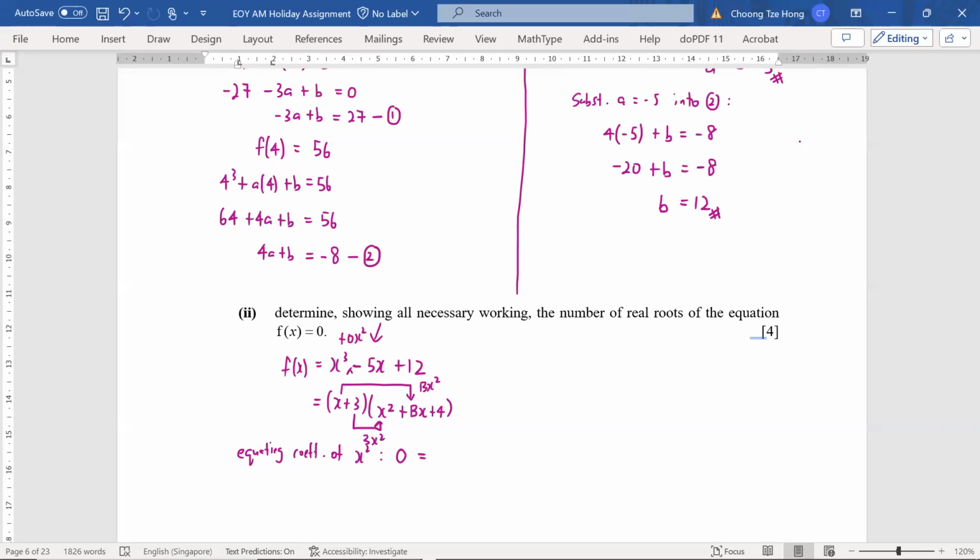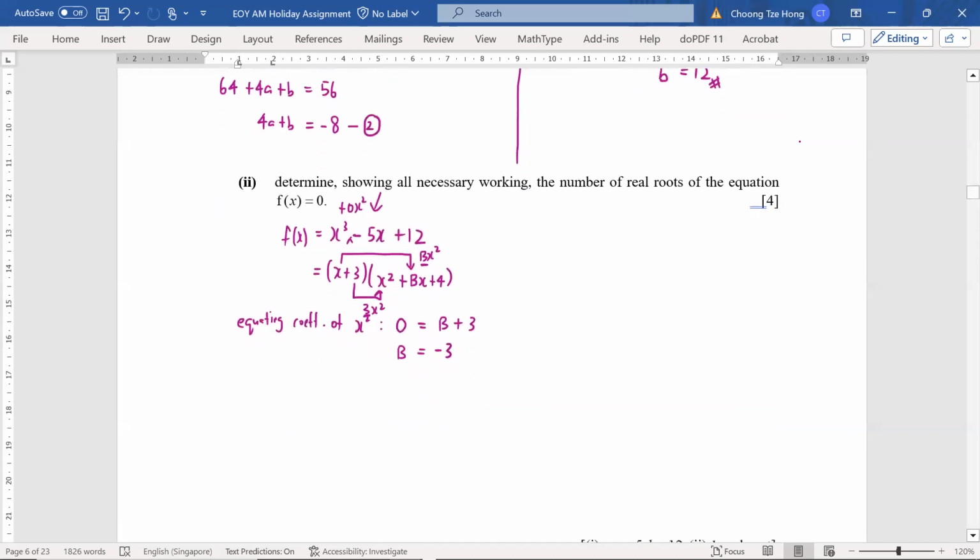So the coefficient will be b plus 3, the coefficient of x squared. So if 0 equals b plus 3, that means b will be equal to -3.